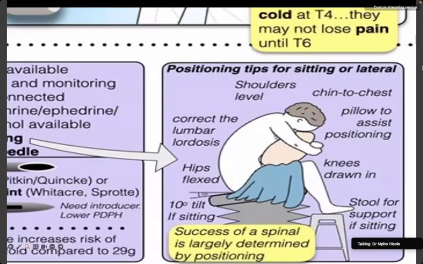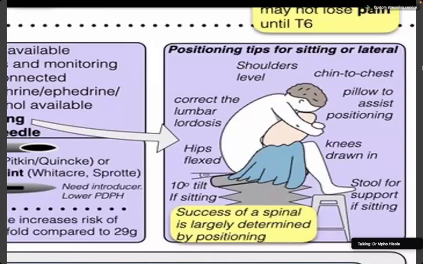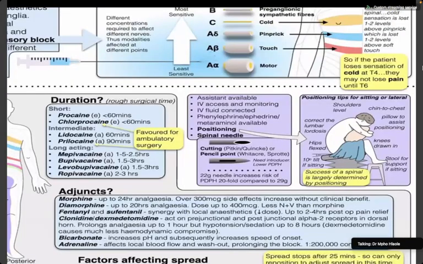I just want to go through the part about the different needles that we use. So everyone loves the 25 gauge needle, which is quite big. And the prescribed needle is the 22 gauge needle.